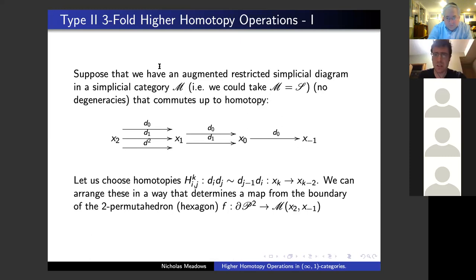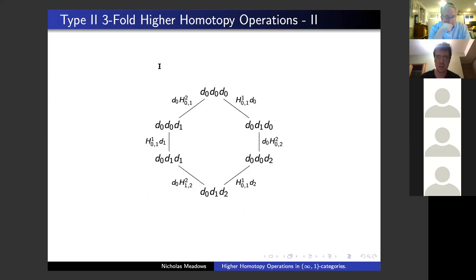And we can formulate what this means in an arbitrary simplicially enriched category, but let's just think about it in terms of spaces. So what we do is we select homotopies between d_i d_j and d_{j-1} d_i, and we can arrange them in a way that determines a map from the boundary of a 2-permutahedron to the space of maps from X2 to X-1. And that's depicted here.